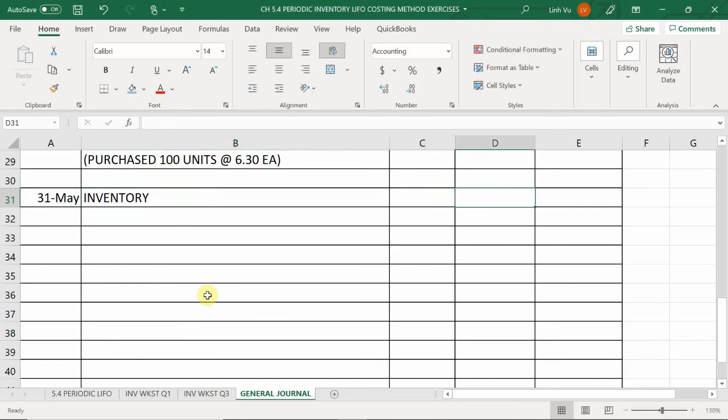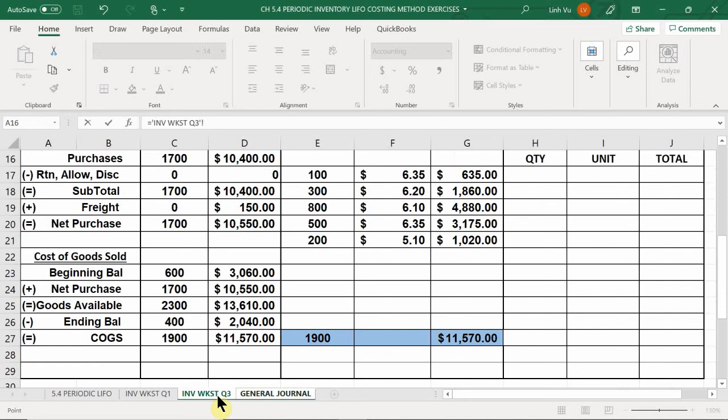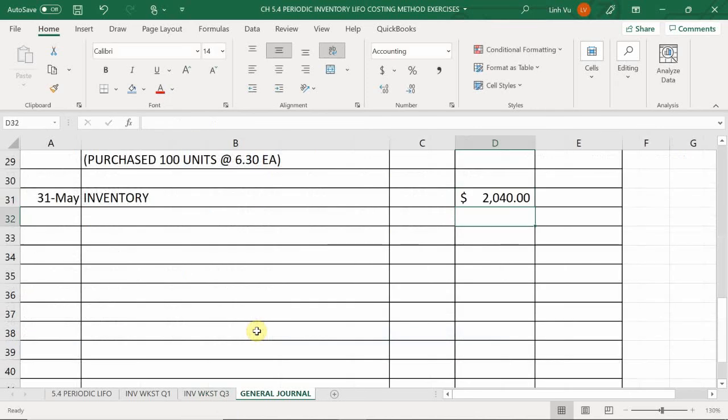This 400 units equals $2,040. Good, right? That's my ending inventory. What else do I need to recognize? Cost of goods sold.